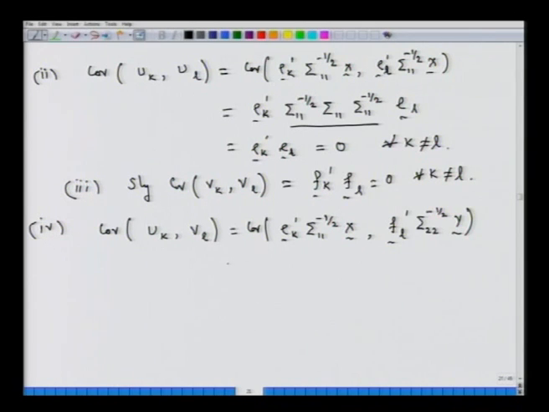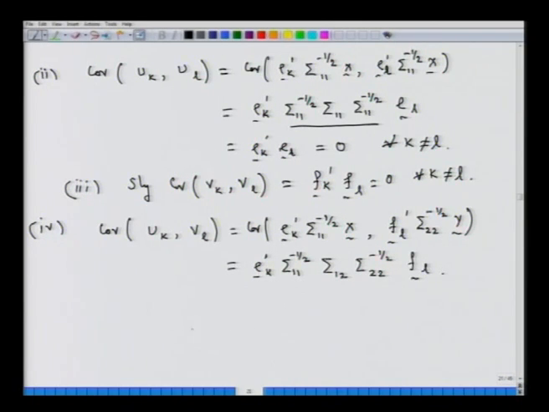So, the covariance between these two would be given by E_k' Σ11^(-1/2) times the covariance matrix between x and y. So, that is going to be equal to Σ12, and this is followed by the transpose of the coefficient vector. So, that is Σ22^(-1/2) times F_l.